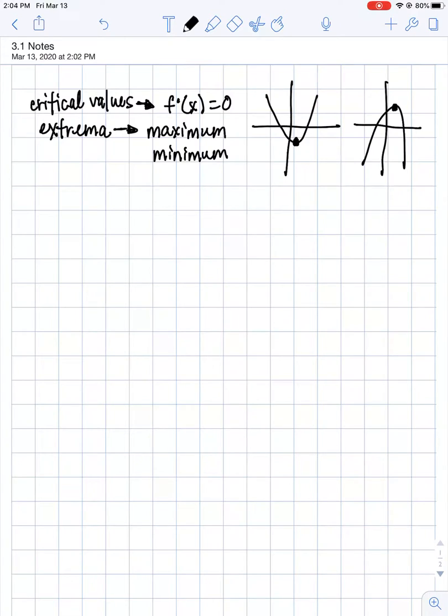To start us off, I'm going to draw you a picture of a basic quadratic. It obviously has a minimum. That's college algebra kind of stuff, so now let's talk about calculus. Let's call this quadratic f of x.